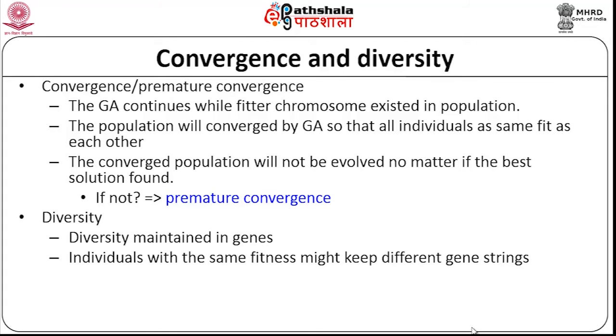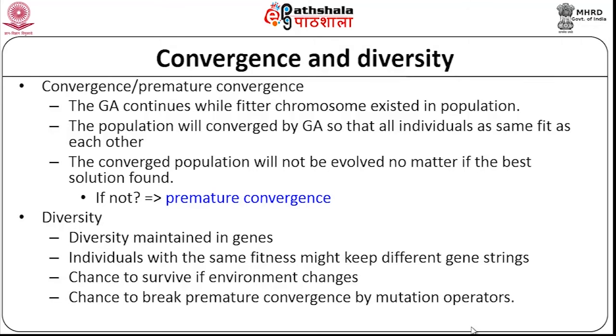Diversity is maintained in genes. Individuals with the same fitness might have different gene strings, and have a chance to survive if the environment changes. So adaptability is brought in by diversity. Mutation operations give a chance to break premature convergence, which is also the possibility of divergence.